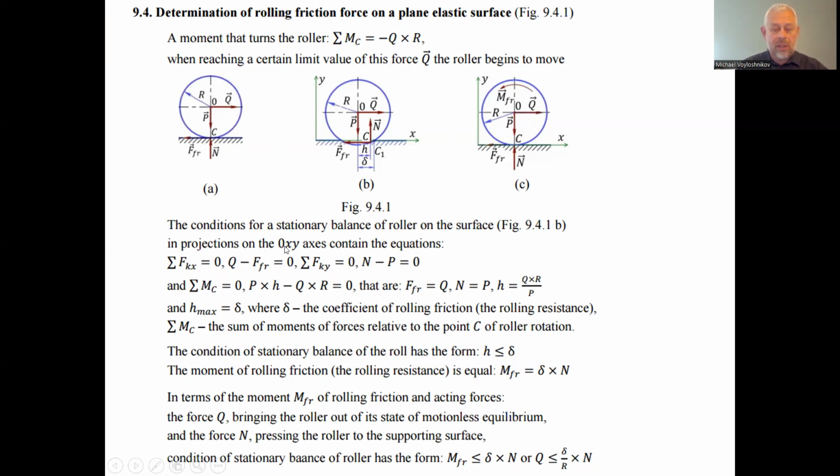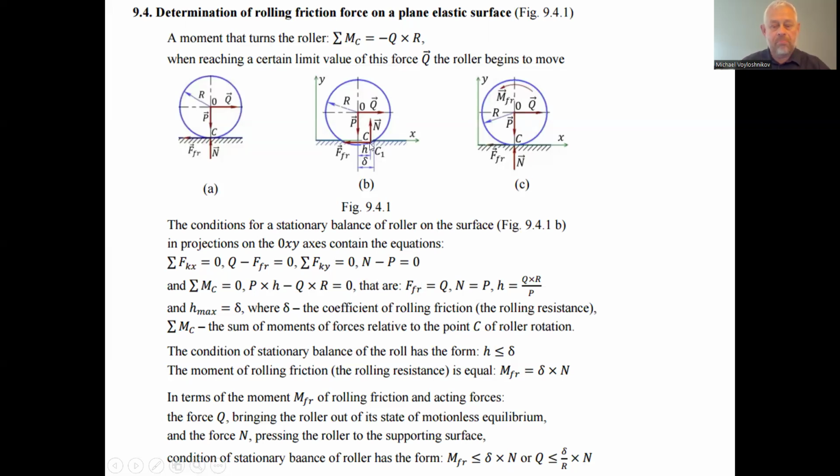The conditions of stationary balance of the roller on the surface we can consider if we assume a definite elasticity of the support. If the support is not elastic, we have zero resistance to the rolling motion of the roller.